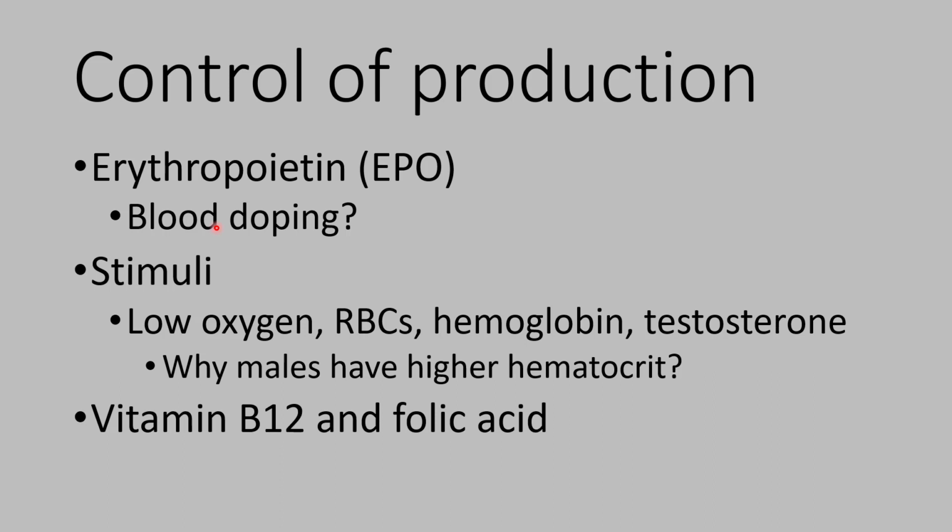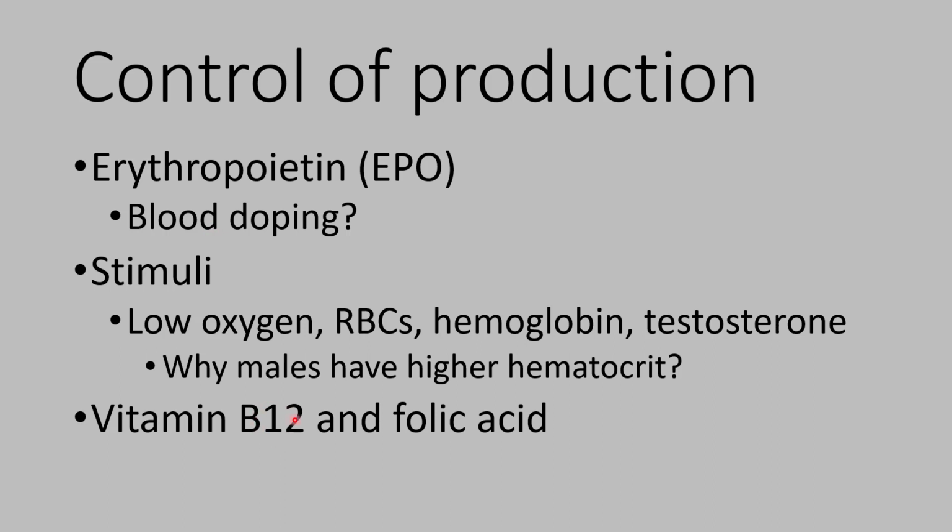Connect that back. It's going to be harder for that blood to move through your blood vessels, so it makes your heart work harder. Your blood pressure increases. Blood doping to increase your hematocrit helps you carry more oxygen, but it can cause a lot of problems up to and including death because it makes your heart work so hard.